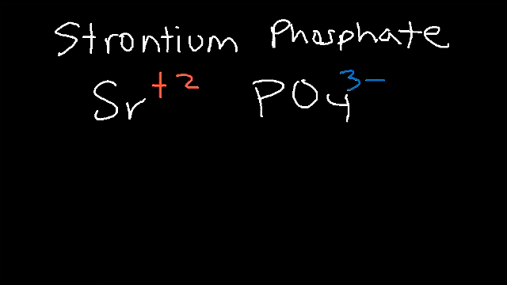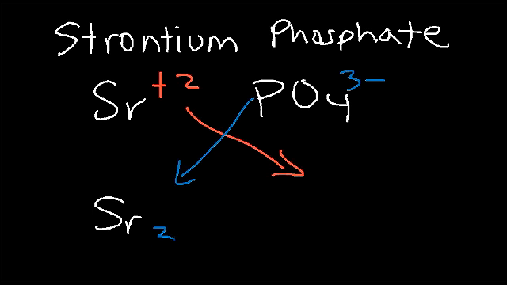So the 2 is going to move here, and the 3 is going to go there. So it's going to be Sr3(PO4)2. Whenever you have multiple polyatomic ions, you need to enclose it within parentheses. Try this one.